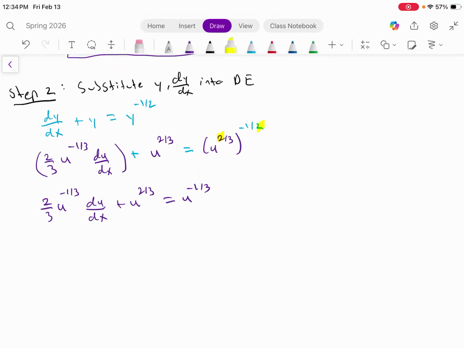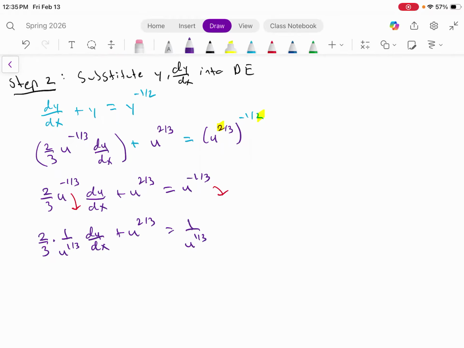So let's rewrite it like this: 2/3 times 1 over u to the 1/3, I'm bringing down this negative exponent, still times du over dx plus u to the 2/3. And I'm also bringing down this negative exponent, so 1 over u to the 1/3.